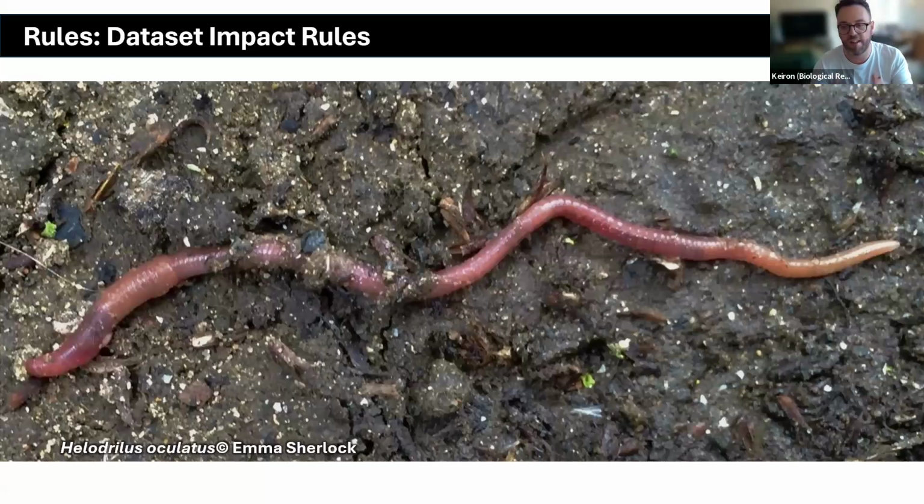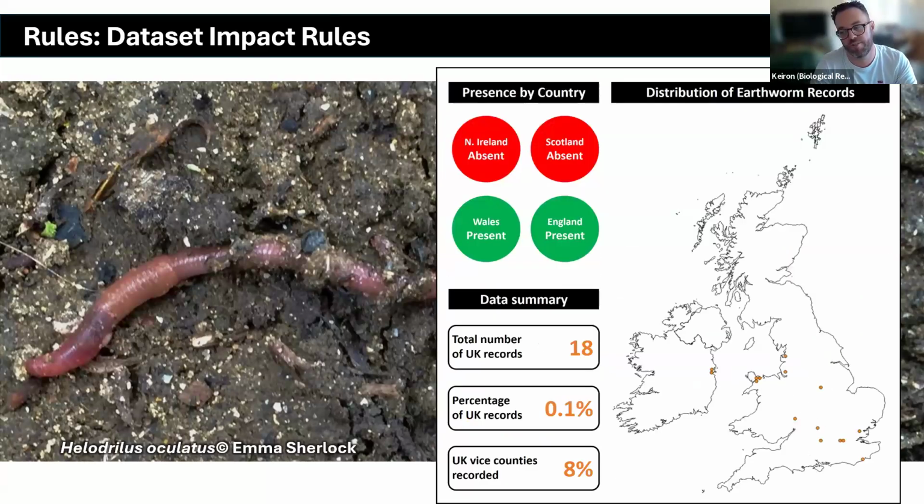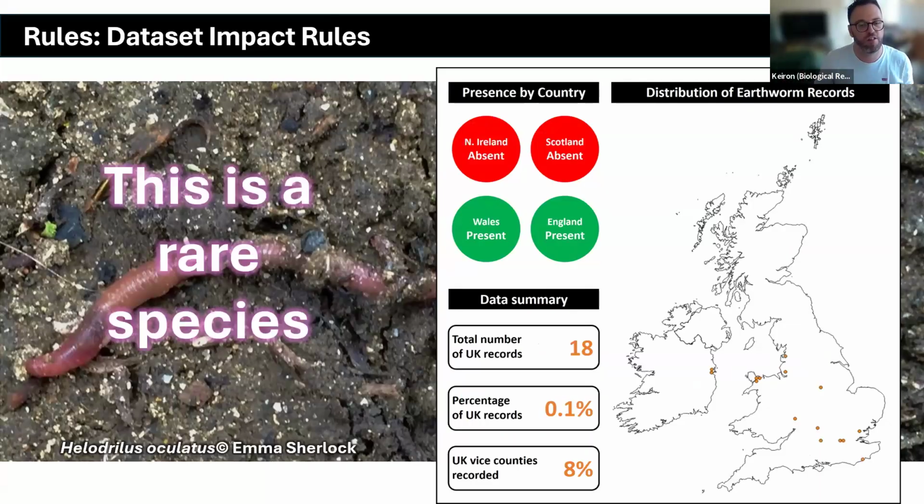Dataset impact rules. This isn't an existing rule, but I couldn't do a presentation without including earthworms. So this is Helodrilus oculatus, a very rare species of earthworm, only recorded from a handful of sites across the UK. We don't really know much about its distribution. So we can put a different set of rules that flag up and say that this is a rare species. This is just a warning that this is a rare species.